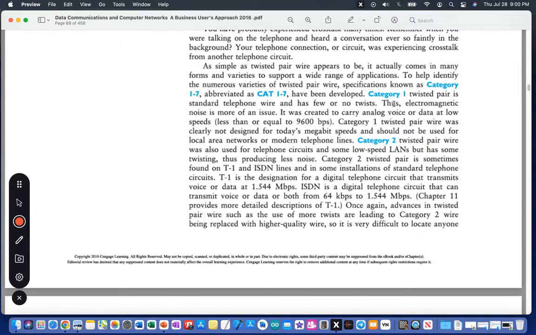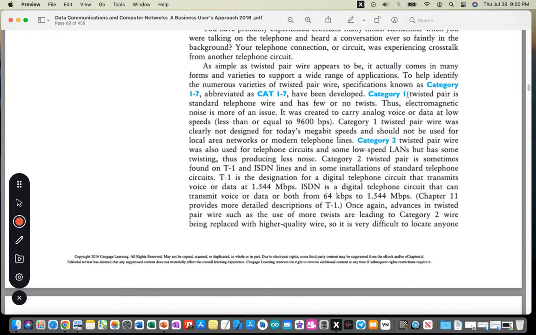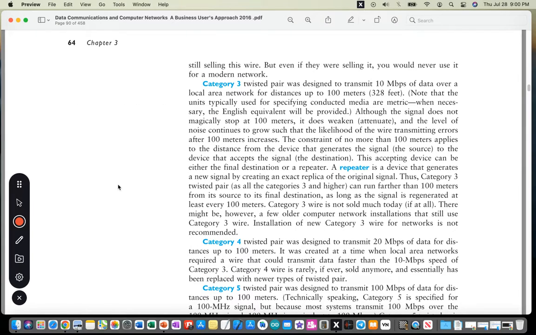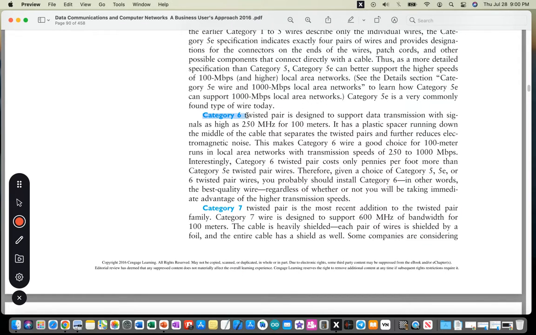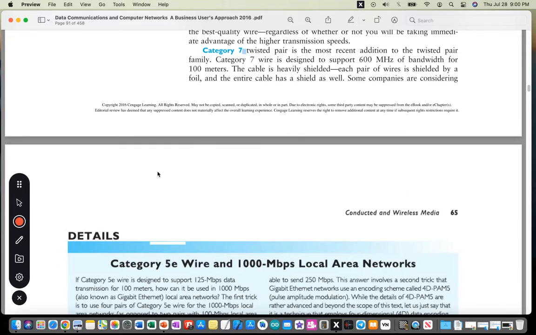And now we are going to talk about the Cat 1, Cat 2, Cat 3, Cat 4, Cat 5, Cat 6, and Cat 7 for each one, and how the first 4 are obsolete and only Cat 5, Cat 5e, Cat 6, and Cat 7 are really in service. So this is the Cat 4, this is Cat 5, which has a better range, and Cat 5e is even better. Cat 6 is currently widely used, Cat 7 is widely used as well, but less than Cat 6.